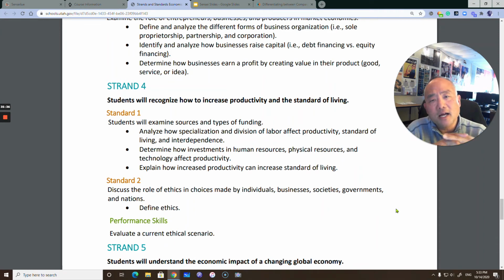Standard of living, when you have a high GDP per capita, when you have freedoms, religious freedoms, if you have the ability, academic freedoms to go to school, get a good education, those all contribute to high standard of living.